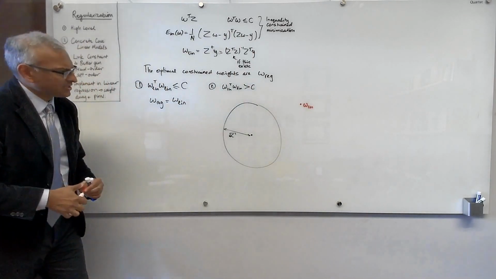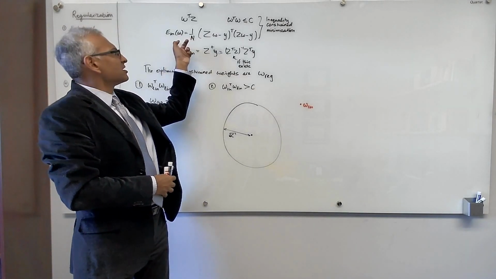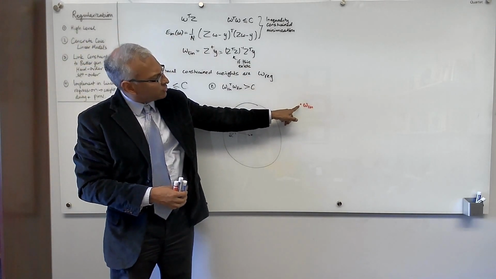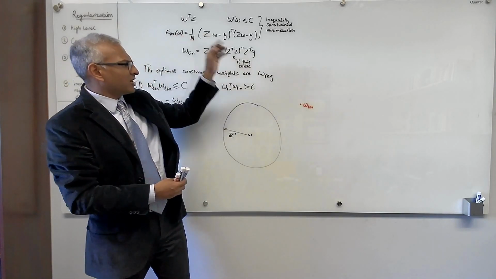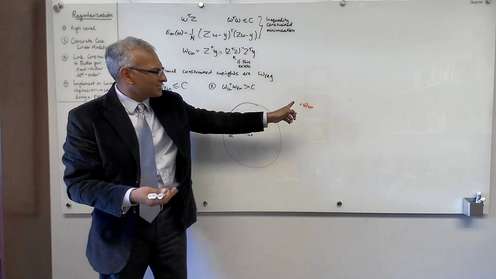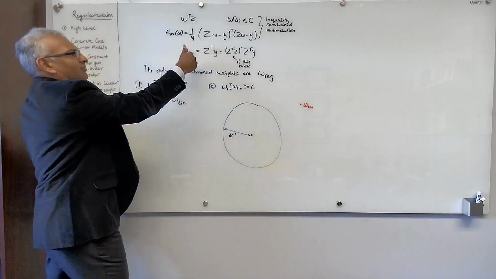Now, what we know for sure is that this in-sample error is minimized here. As you move away from this point, the in-sample error is growing. Because this is convex, the way it's growing is very nice, with a unique minimum and so on. In fact, this is much stronger than convex, it's quadratic.